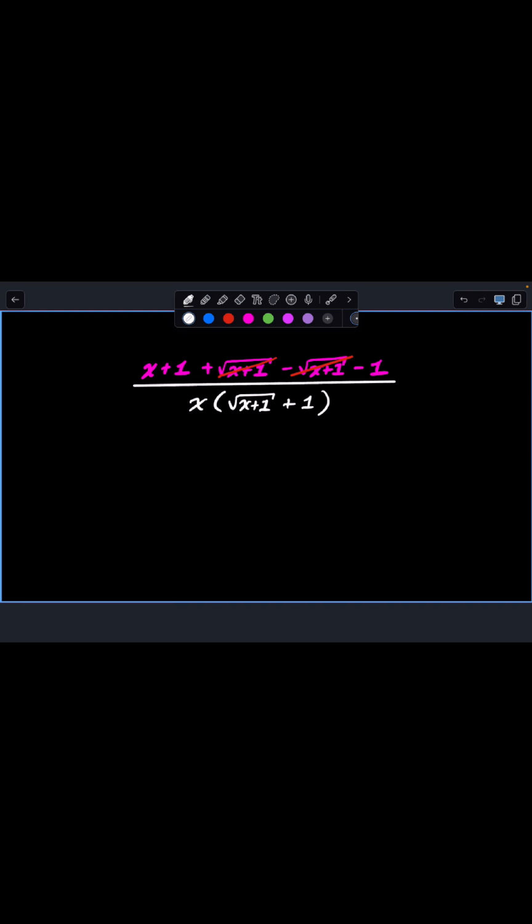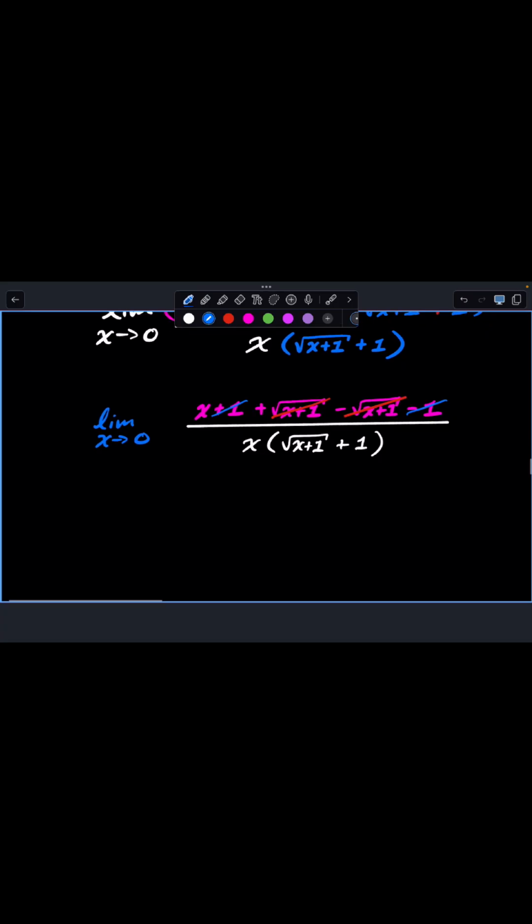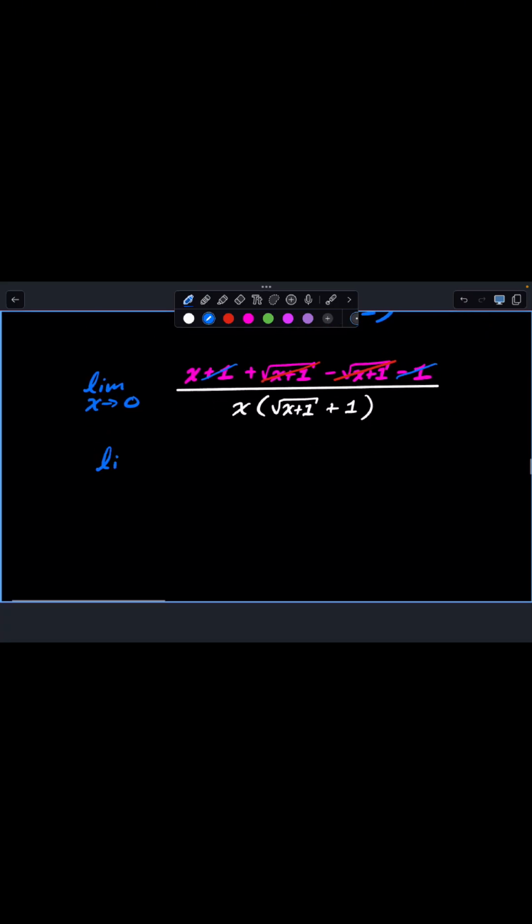What else cancels in the numerator? The ones. So what am I left with? I have this limit as x approaches 0 still, right? And we're going to take that limit as x approaches 0 of x over x times the square root of x plus 1 plus 1.